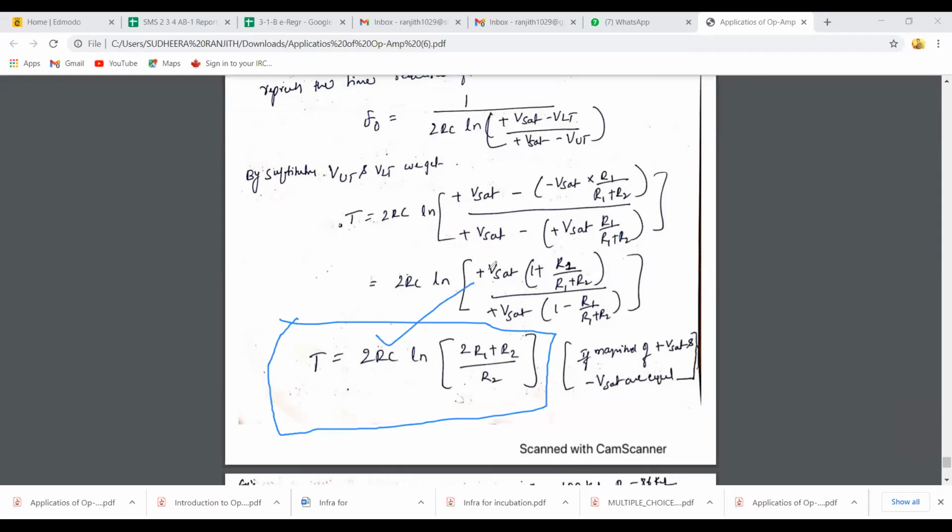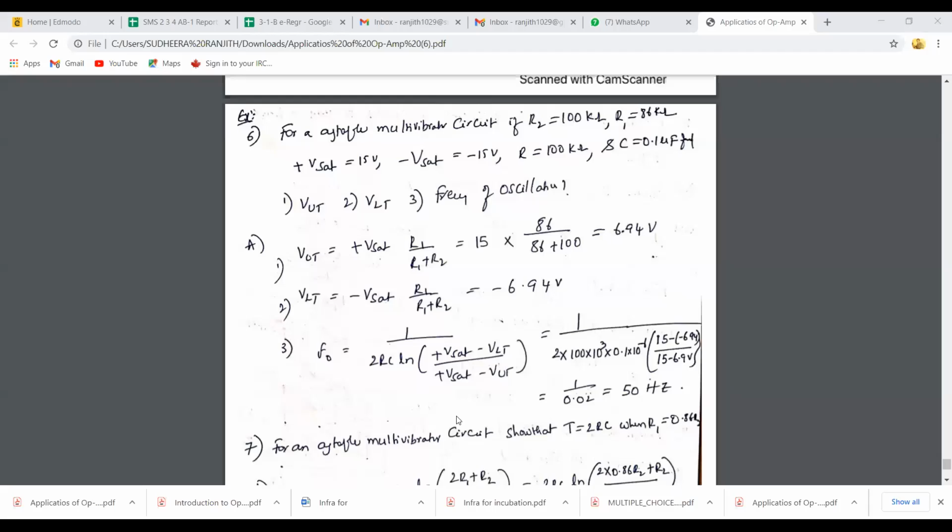This is the final expression: the time required for the multivibrator to complete one cycle of oscillation is T equal to 2RC ln of (2R1 plus R2) by R2. The frequency of oscillation we can derive using 1 by T, the reverse of this term. Is it clear, all of you? Yes, sir.